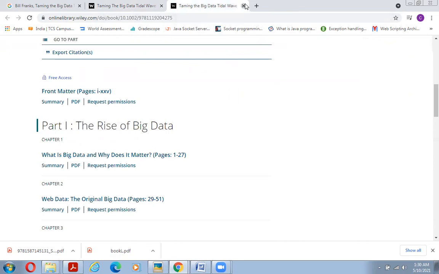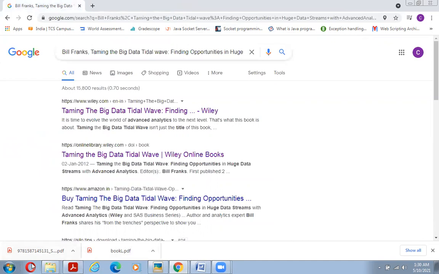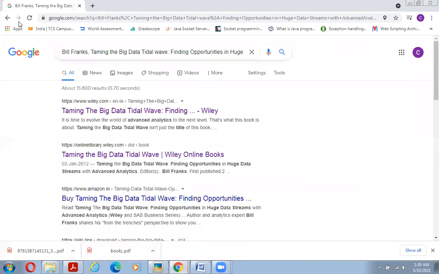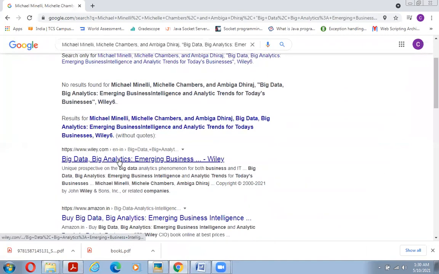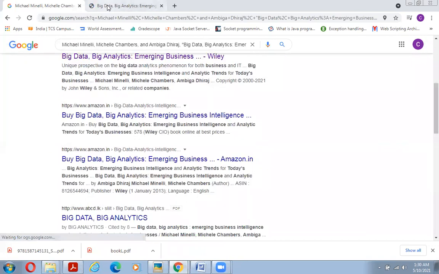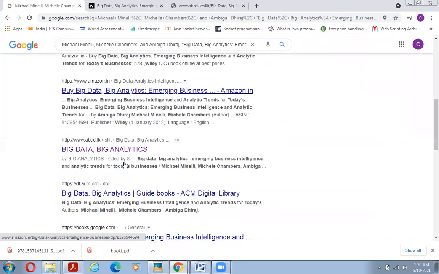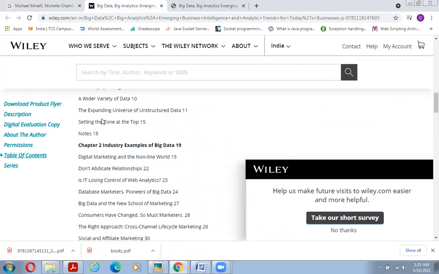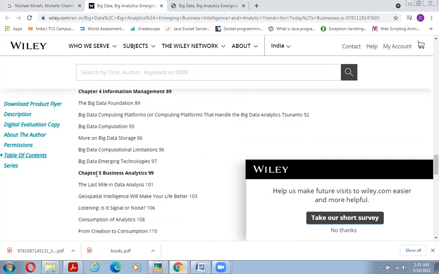What I am telling you is that if you are able to understand these concepts, what we are going to learn in this subject, you are able to get a niche in your survival, because from this you people will be able to see what data is and how data is helpful in different domains.